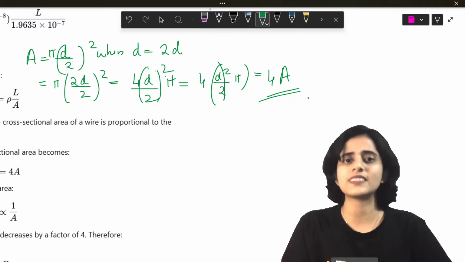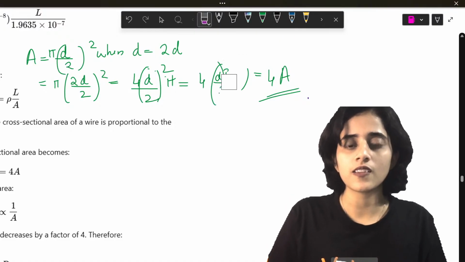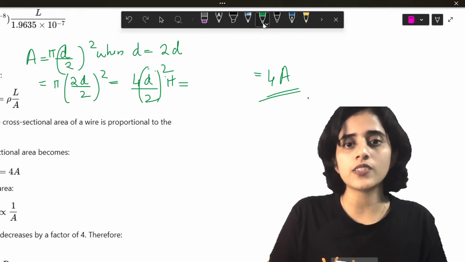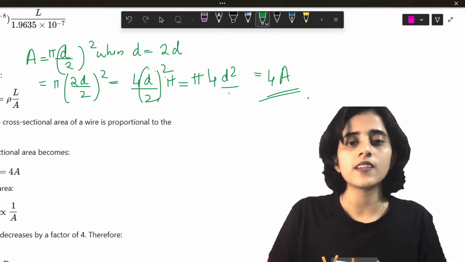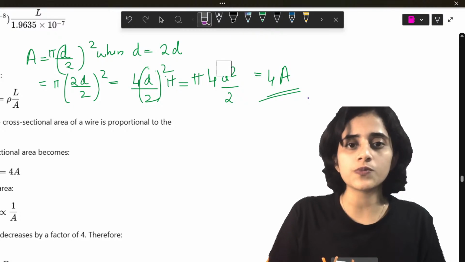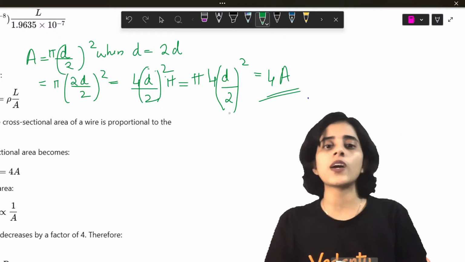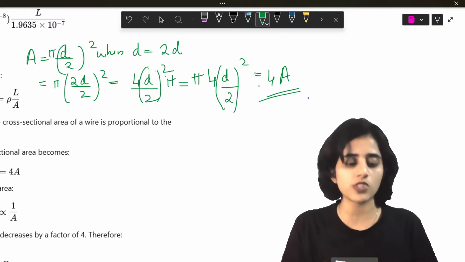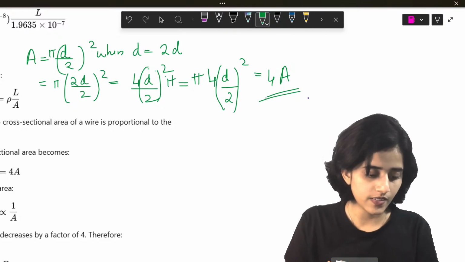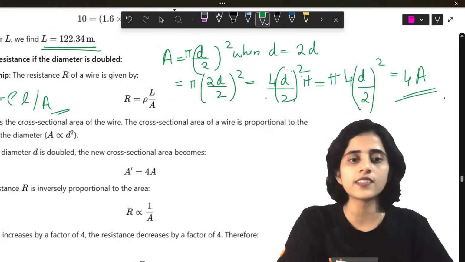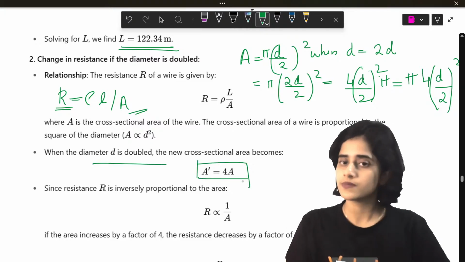So I will get π, 4 I'll take outside, d²/2, I mean (d/2)². So π(d/2)² is A, and this becomes 4A. So what happens when the diameter is doubled? Area becomes 4A. Clear to everybody?